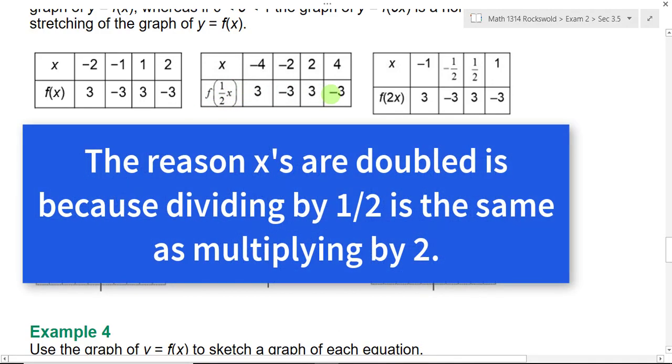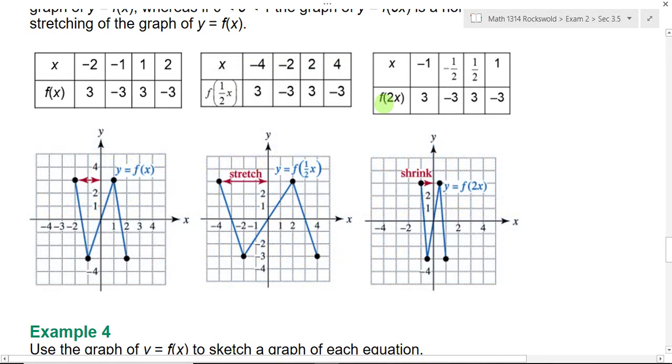So the y values stay the same, but now the x values are doubled. And over here we see a horizontal shrink if I multiply the x's inside the parent function by 2. If I look at the original x values, I'm taking half of these numbers, and that's how I get these numbers here.